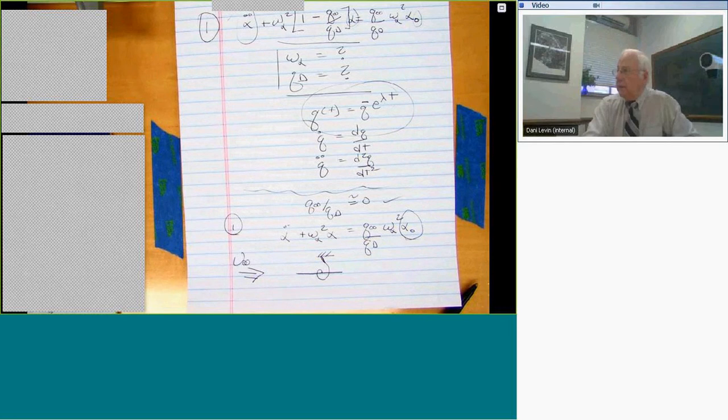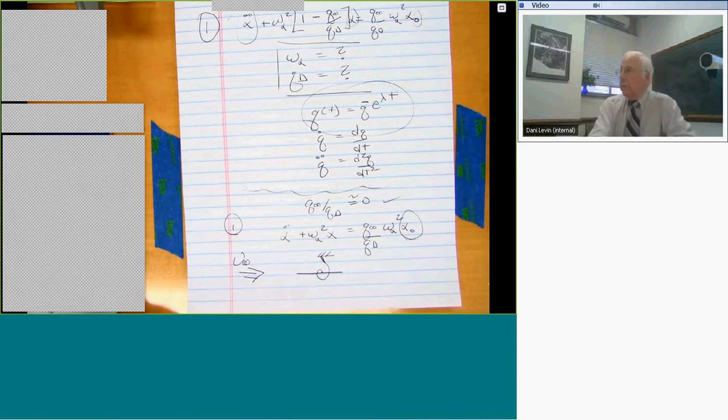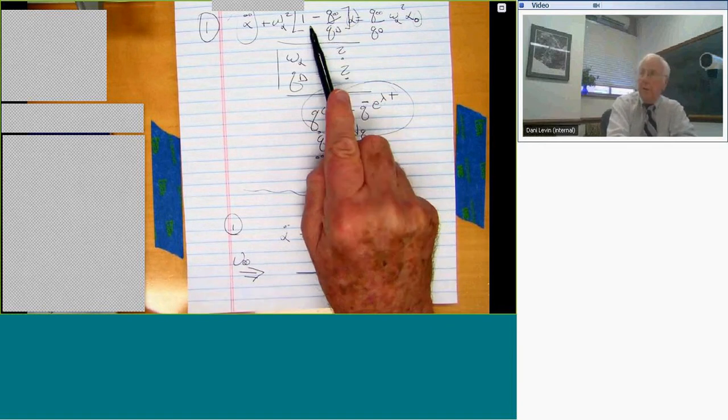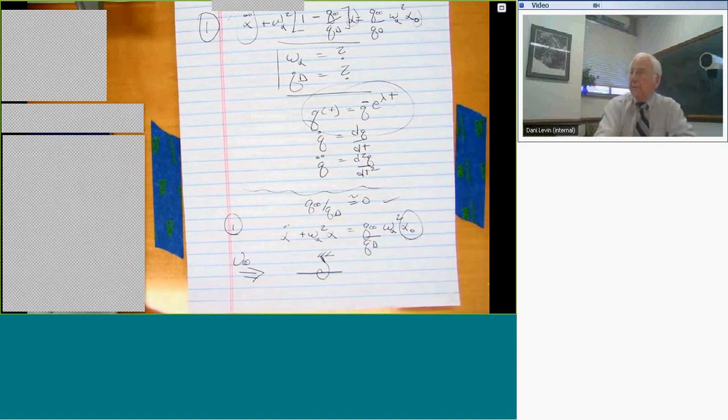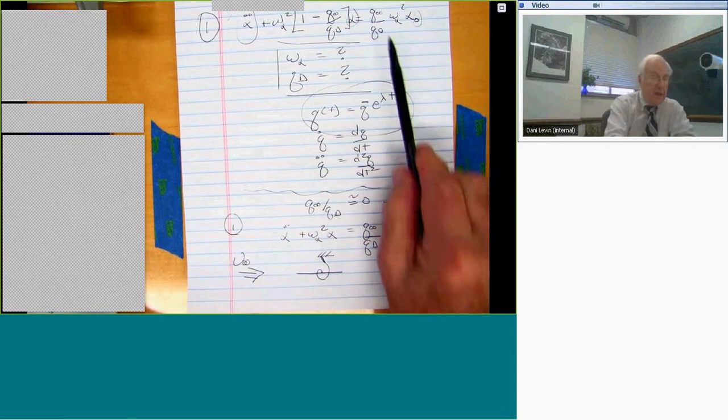Kevin? If we ignore Q infinity over Q divergence on the left-hand side, can or should we ignore it on the right-hand side? Well, you've got to be careful. I can throw away things if they're small compared to something else. So I can throw this away if it's small compared to 1 and be confident that's a pretty good approximation.